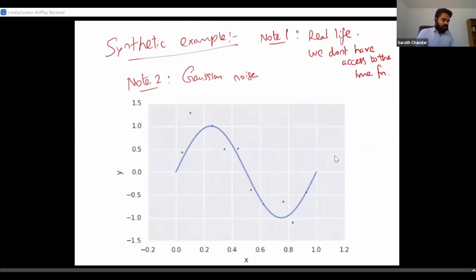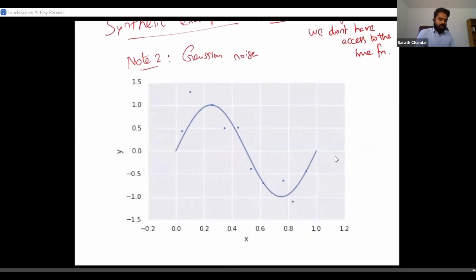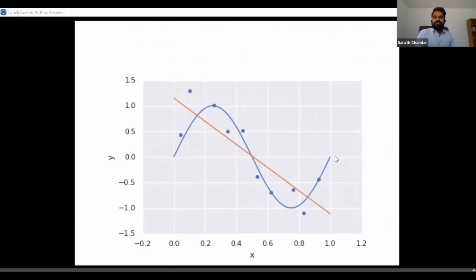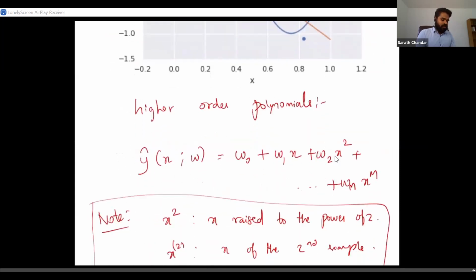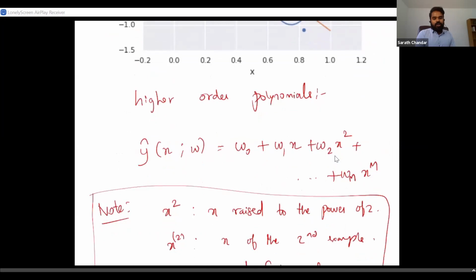Then we went to a synthetic example, and we found that the simple linear regression model is not good enough to capture a nonlinear trend, and we resorted to polynomial regression, where instead of just W0 plus W1x, we had W0 plus W1x plus W2x square and so on, right?